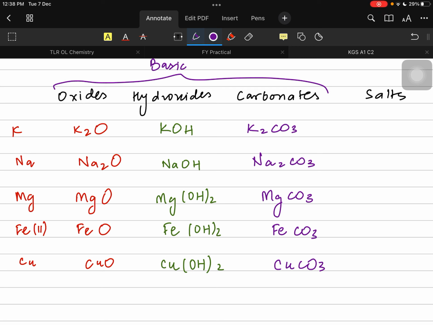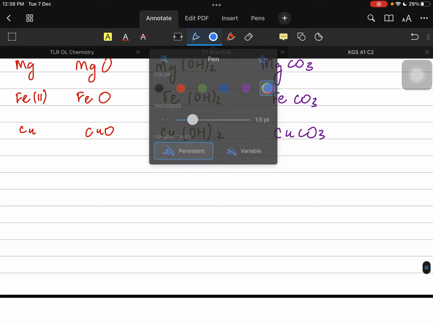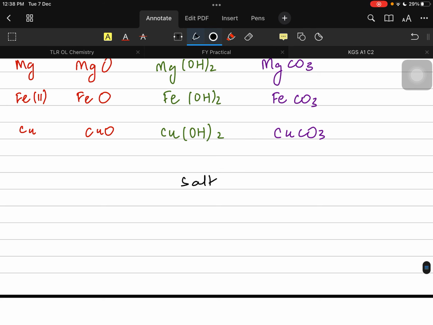A salt is only if a metal is with essentially chlorides, nitrates, or sulfates. At least for the O-level chemistry, this is general idea that we talk about, that chlorides, sulfates, and nitrates, when they come with metals, they make salts. So when we talk about salts, they have generally chlorides, they have nitrates, and they have sulfates.